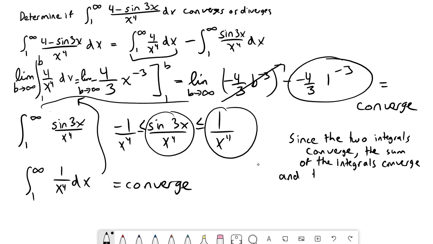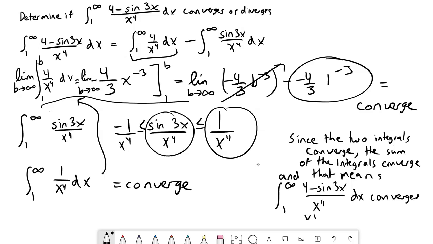And that means, what does that mean ultimately? That means this integral converges via comparison test.